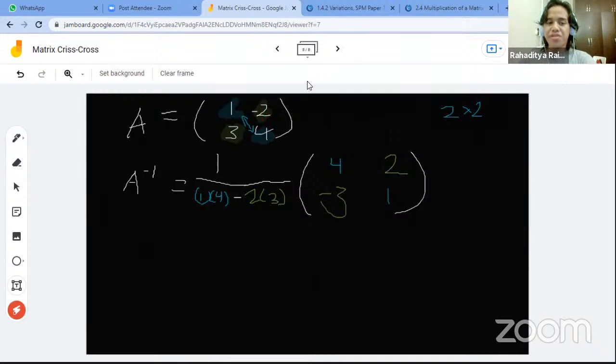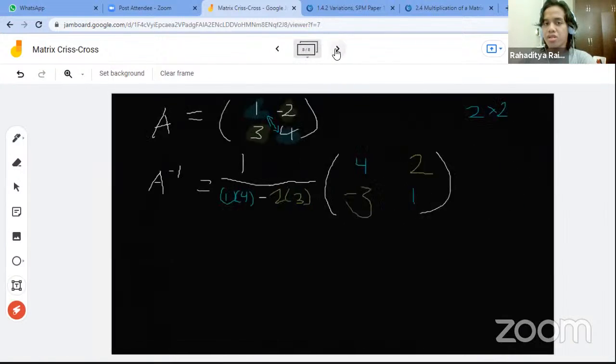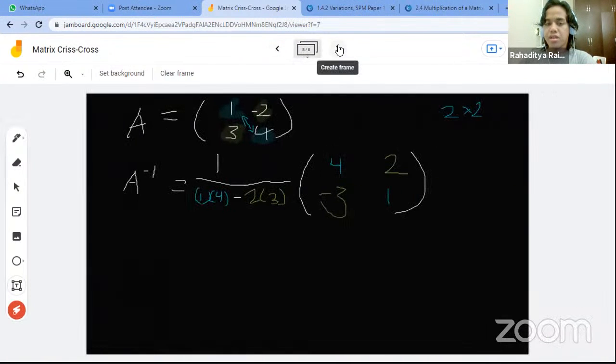I'm not going to prove that this will give you the identity matrix when you multiply with the original. You can try doing that on your own. I could do that right now, but actually no, there are much more important things to get to.